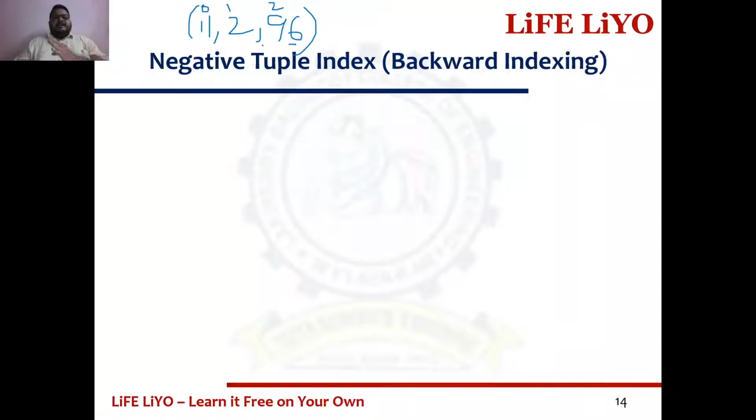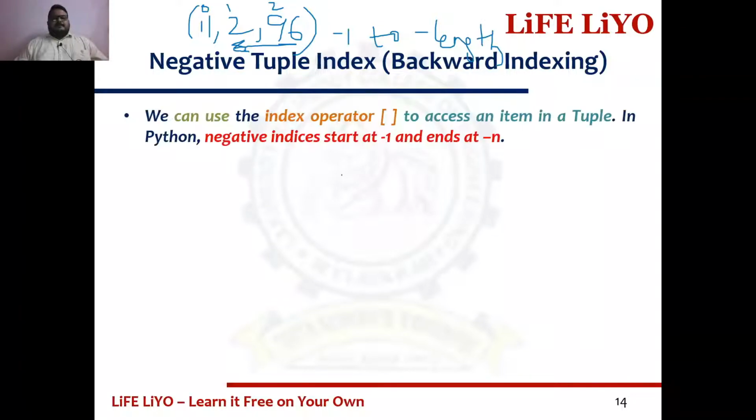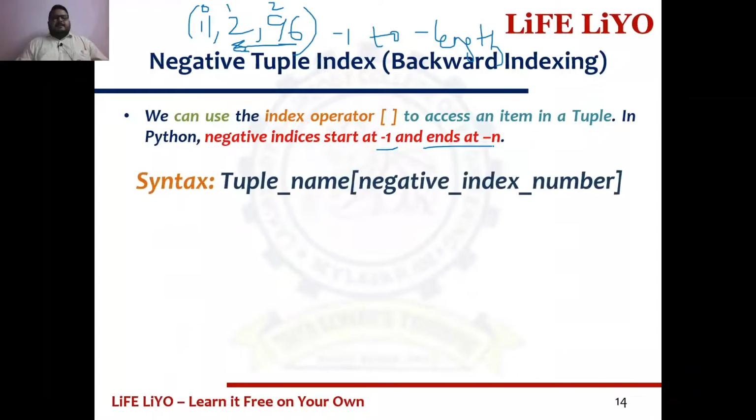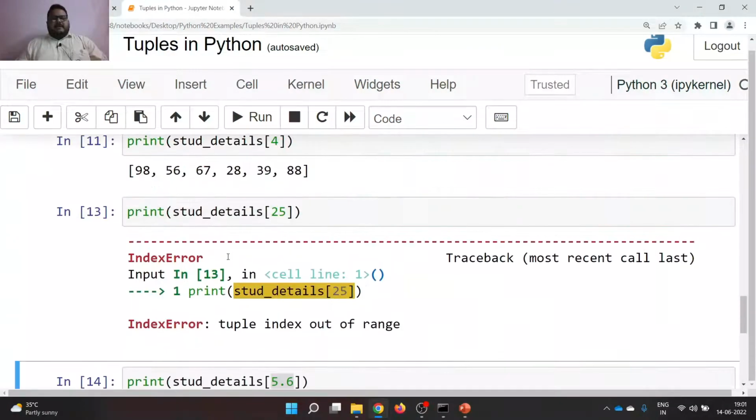But the negative index is given from the last element to the first element, that is, minus 1 to minus the length of the tuple. So negative index starts at minus 1 and ends at minus n, that is, minus the length of the tuple. If you want to access elements using the negative index, you have to pass the tuple name with the negative index number. Now again I will take this one.